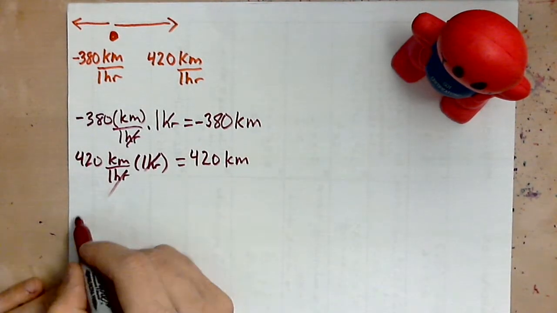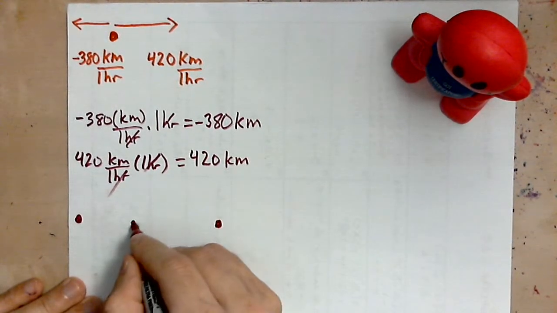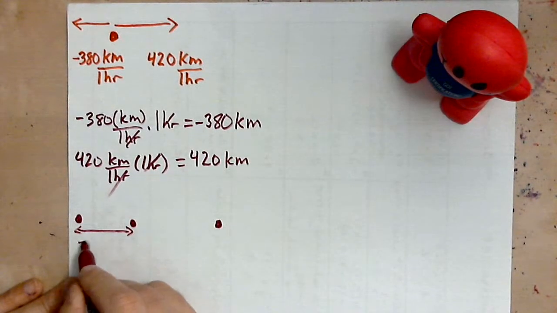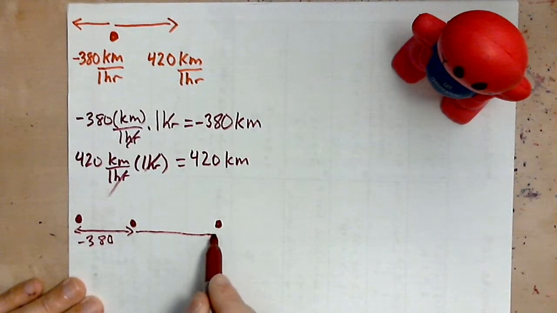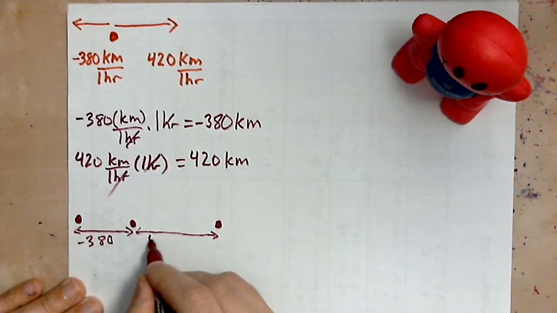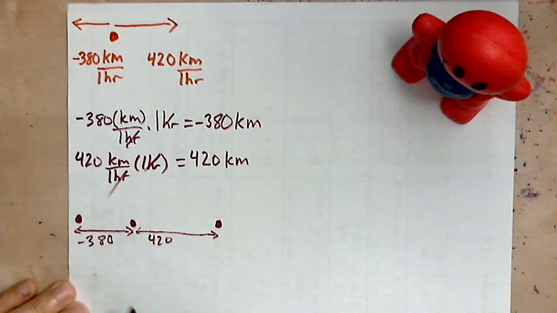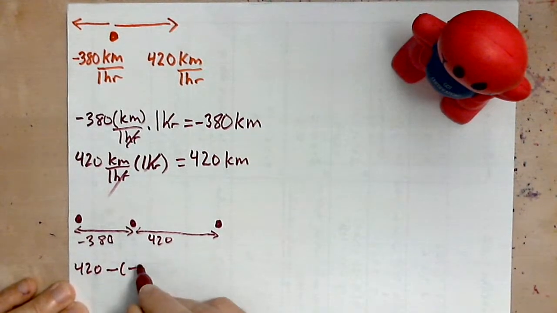is, one airplane stays here, the other one stays here. Say they left from somewhere over here. This you can take to be your 380 negative. That you can take to be your 420 positive. So when you add these two, what you have is 420 minus a negative 380.